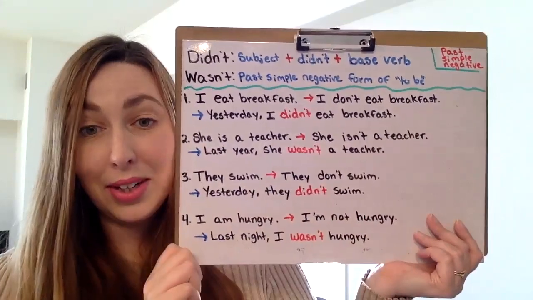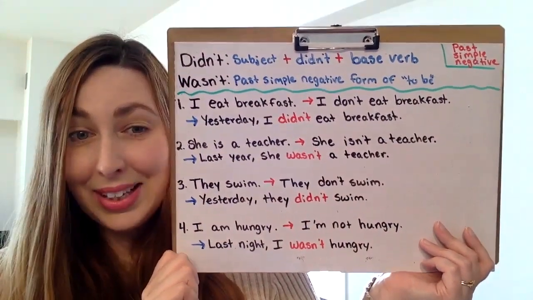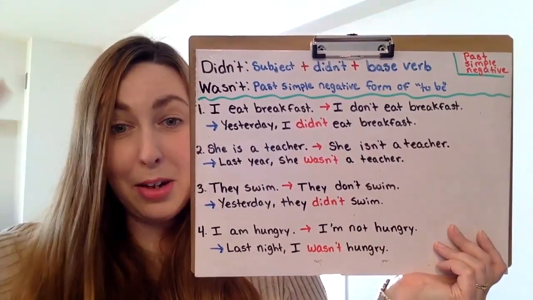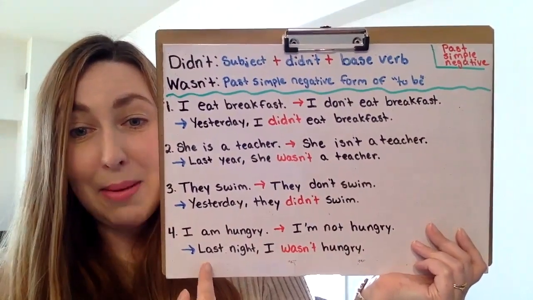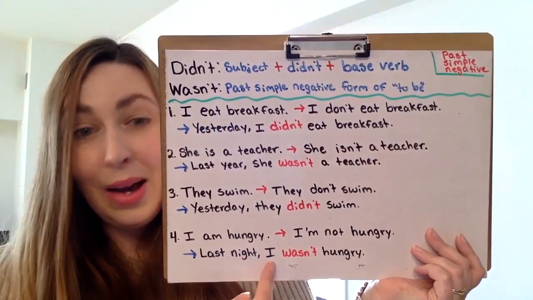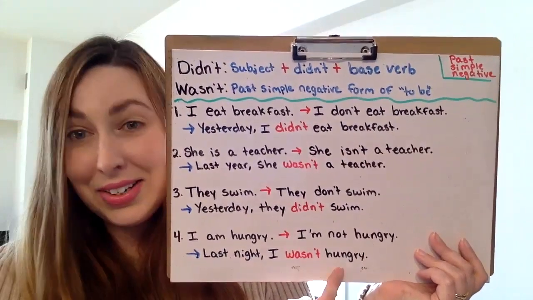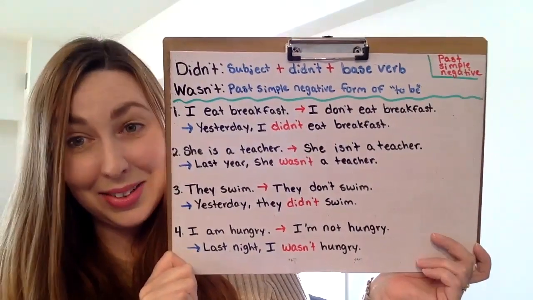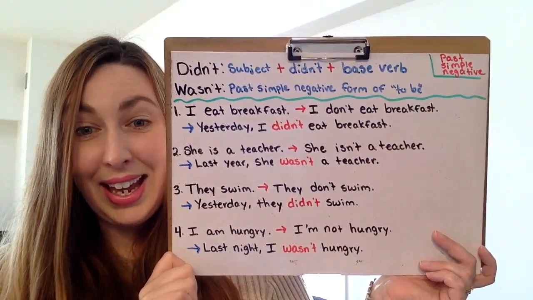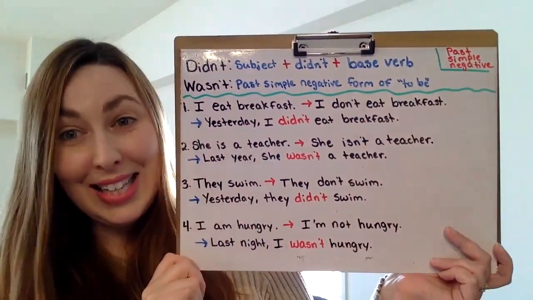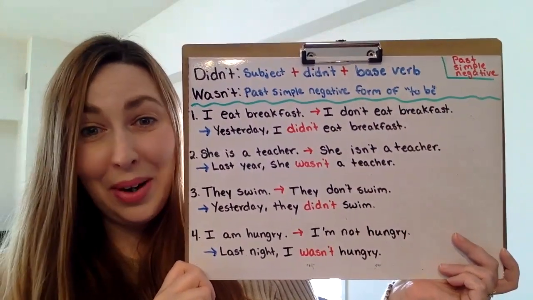Now let's put this negative sentence in the past. Back we go. For example, last night I wasn't hungry. Is it simple enough for you? Did this make sense? I hope so.